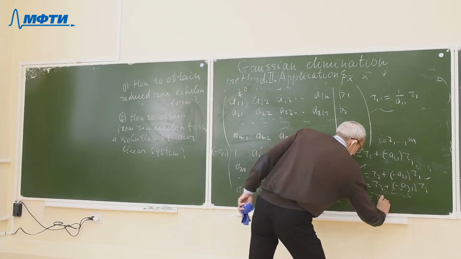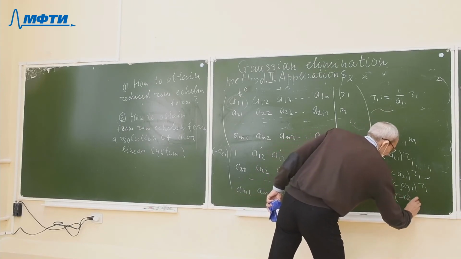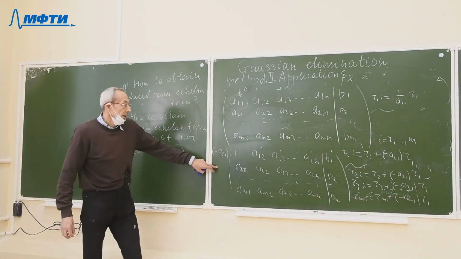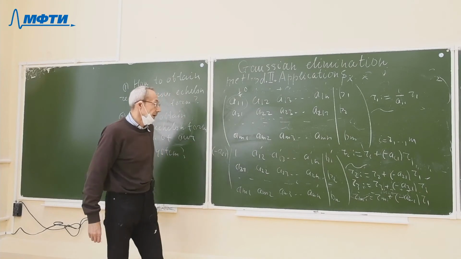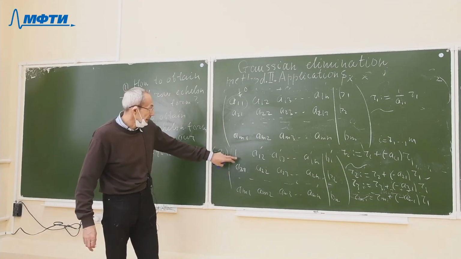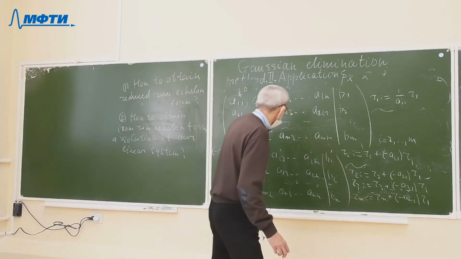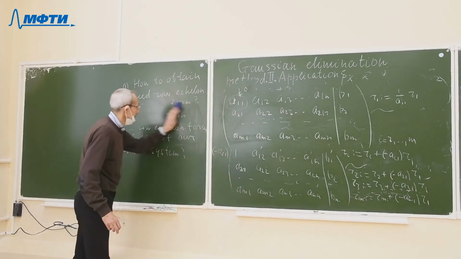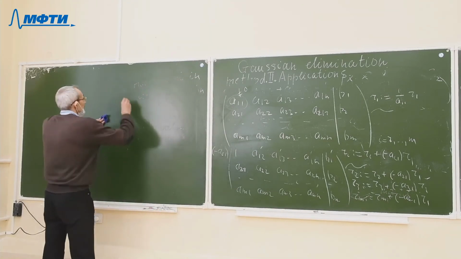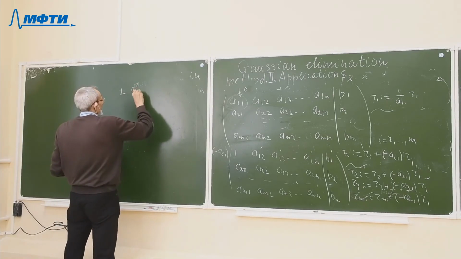Rm is equal to Rm plus minus am1 R1. After applying these operations, we obtain the 0 in the first column, which lies below the leading element. We obtain the following form.